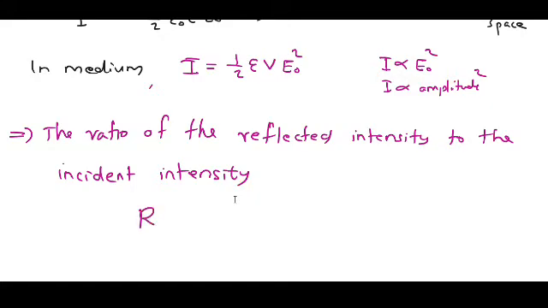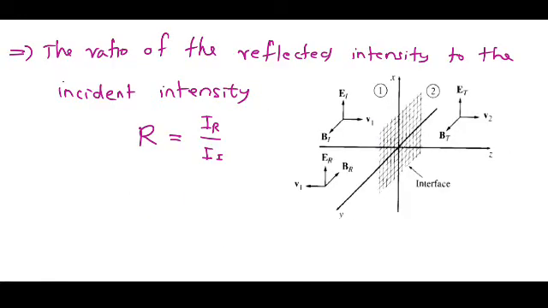That is written as R, equal to IR, the reflected intensity, divided by the incident intensity. As we have mentioned earlier, both the incident wave and the reflected wave lie in the same medium, that is medium 1.